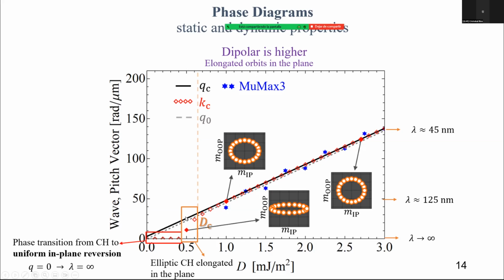So in this area, we can expect elongated, elliptical orbits. And when we have wave vectors equal to Q0, it means infinite wavelength. So this corresponds to a uniform state. So when we have a polarized state and the DMI is under this critical DMI, we will have a reversion in the uniform state.